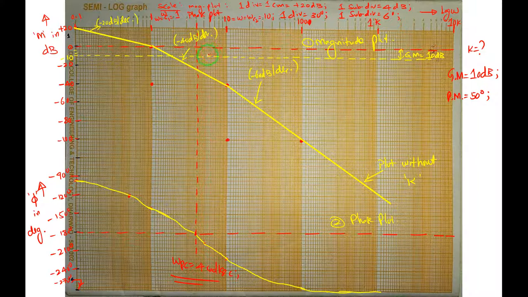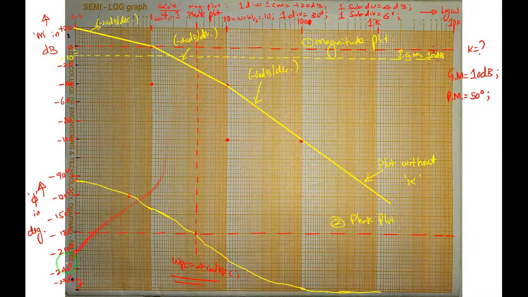So let me, 1 minute, I think I'm making some mistake. Okay, this is fine. Phase crossover frequency, it cuts here, and if I take this as the reference line, so this is the thing, fine. Here it cuts here. 1 minute, let me check it. Here to here, right? So it is 20, but I should take from here to here, 10, fine.